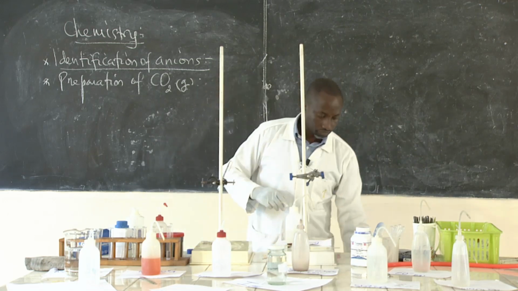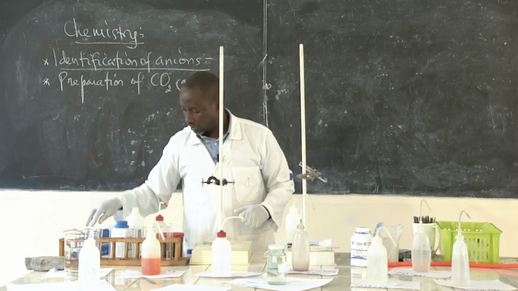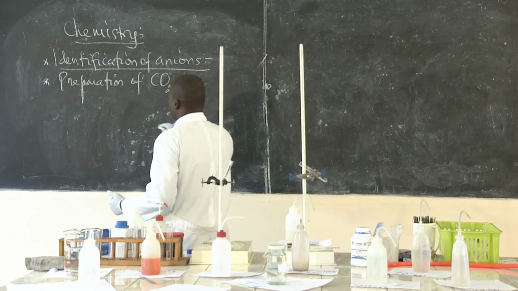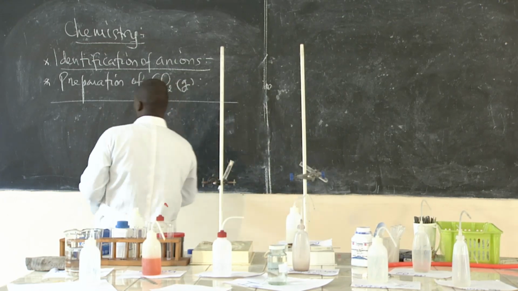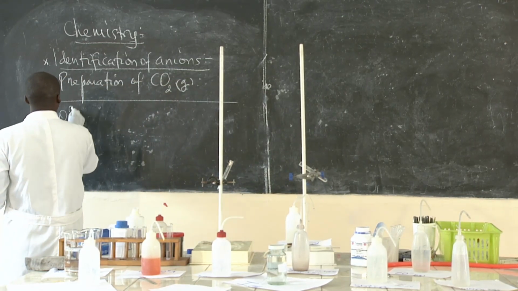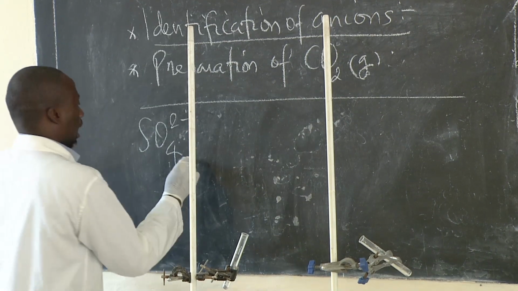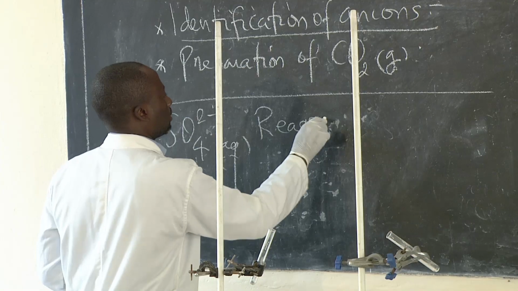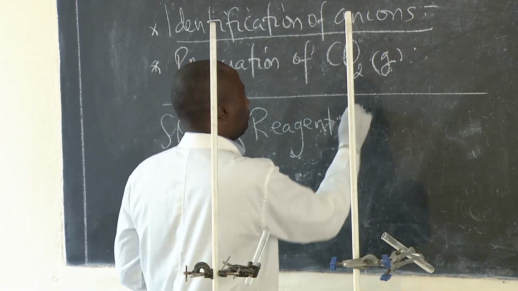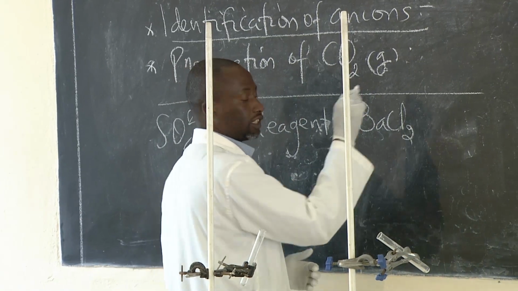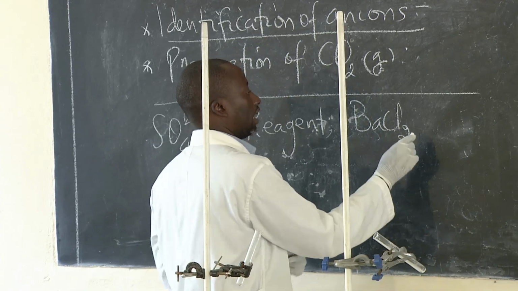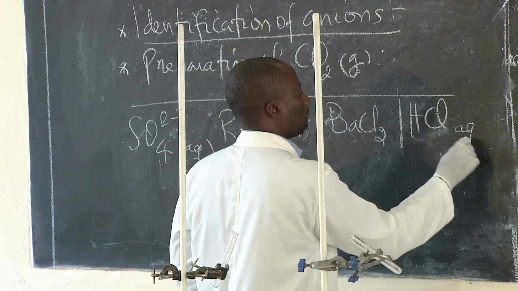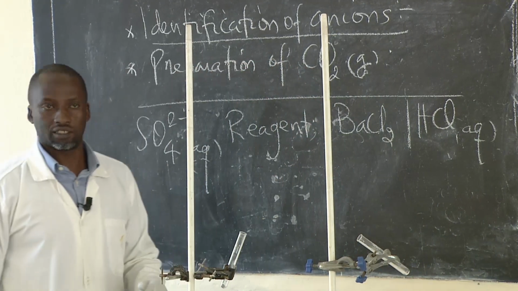So we can as well mention what is happening. We are starting with the sulfate ions, and the reagent that we are using here is barium chloride. That is what we have used. And then this barium chloride was used together with the hydrochloric acid, which is aqueous.